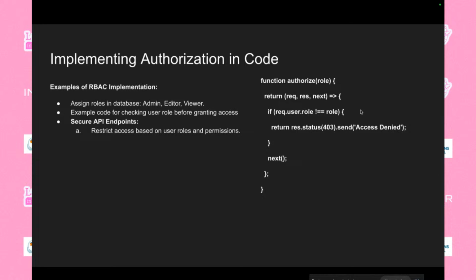So the role does not match. So you need to return 403, the access is denied. So this is a middleware check on the request. So we are going to implement this now.